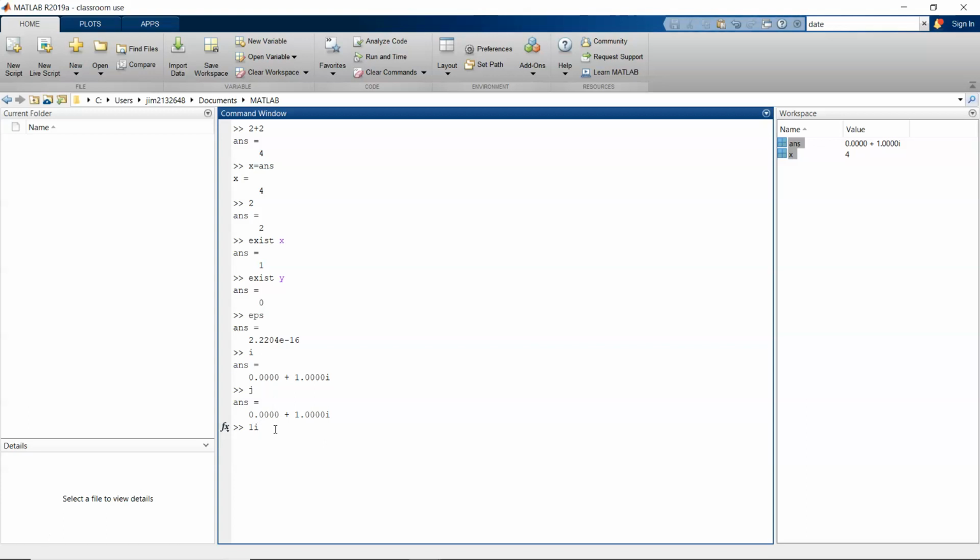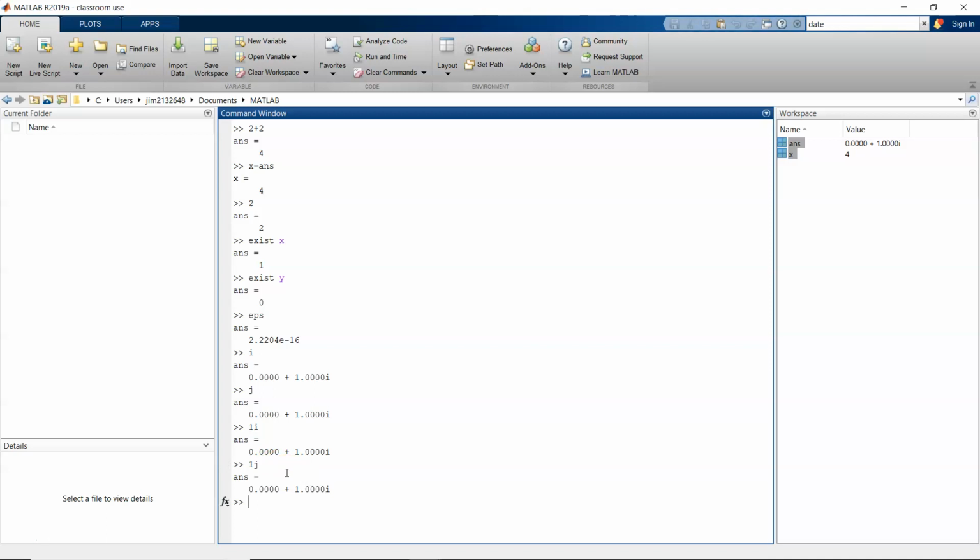MATLAB has built in a special constant. This starts with 1i. There we go. It's like 1 times I, except there's no multiplication sign in between. You cannot name your variable starting with a 1, but MathWorks does. So if you use the complex constant, it's probably advisable to use this for the complex constant, or this.